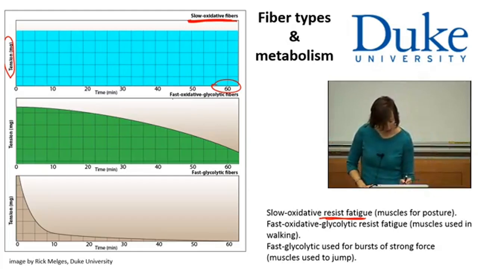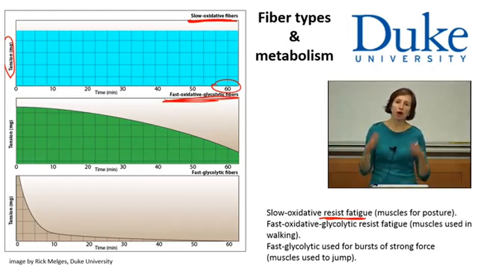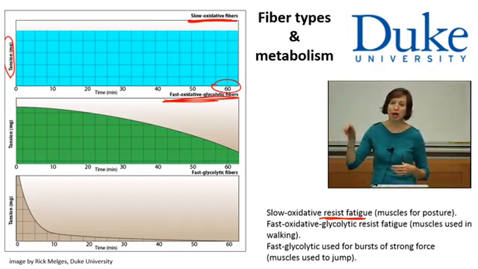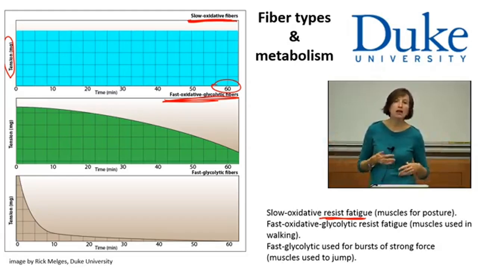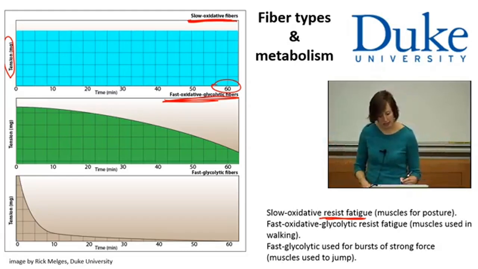Another fiber type are called fast oxidative glycolytic fibers, which can do oxidative or glycolytic metabolism, but they have the faster myosin ATPase, which means that they can contract more quickly. And since they're not completely devoted to oxidative metabolism, they do fatigue, but not that dramatically.